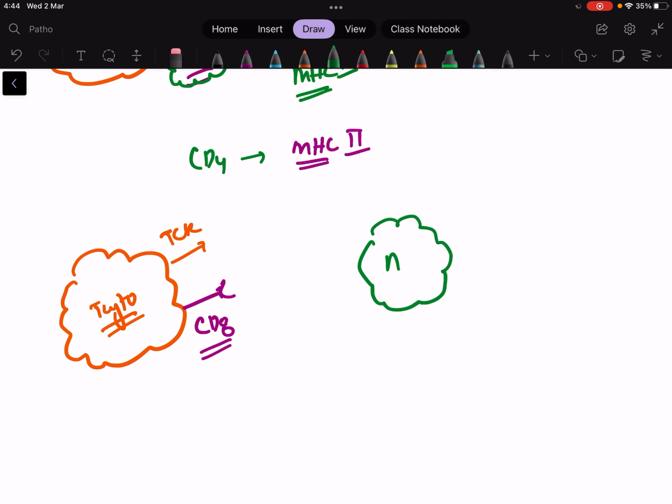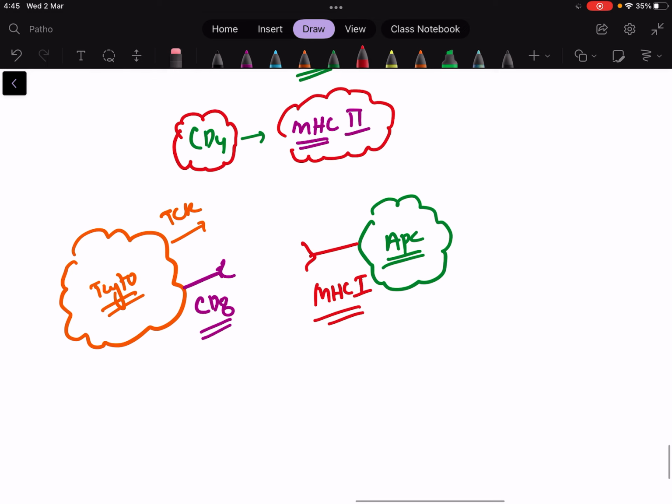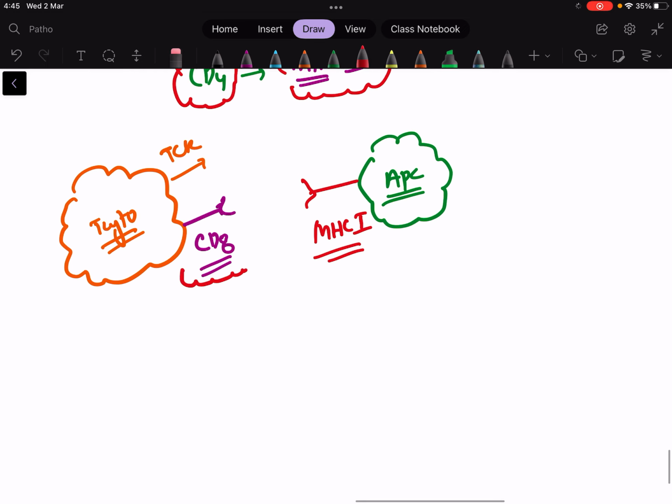Suppose this is an antigen presenting cell. Now here the receptor is different. The receptor is mainly MHC class 1. Again, the CD4 positive T cells will react with only antigen presenting cells with MHC type 2 receptors, whereas T cytotoxic cells with CD8 receptor will only react with antigen presenting cells with MHC class 1 receptor.